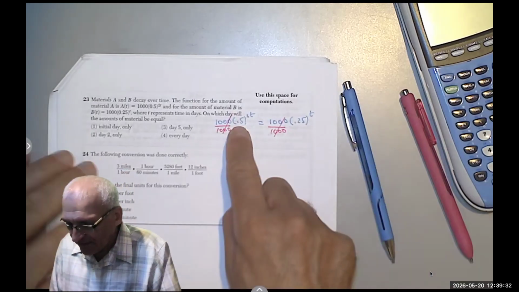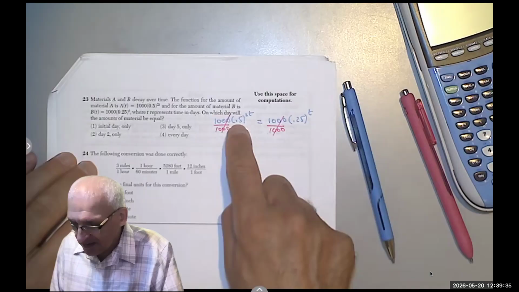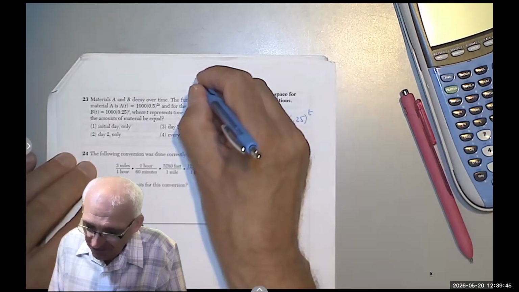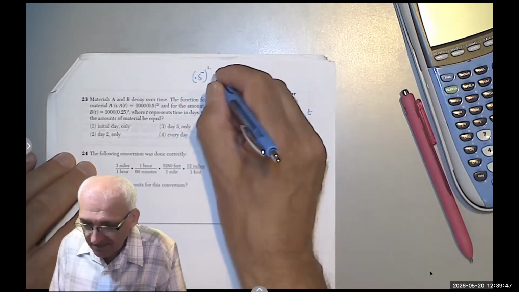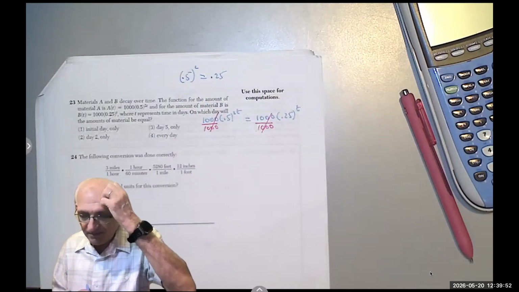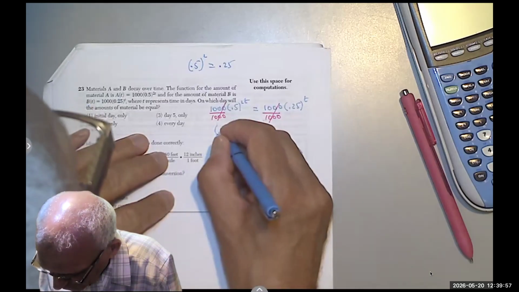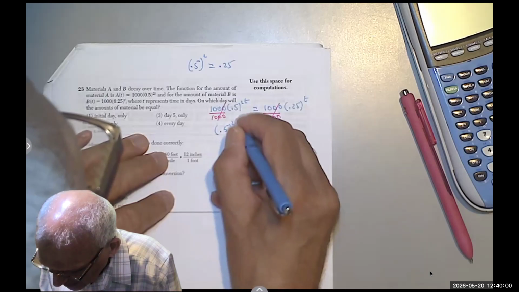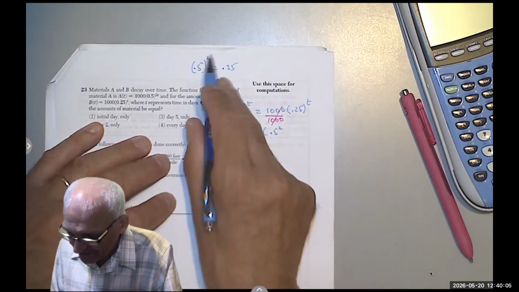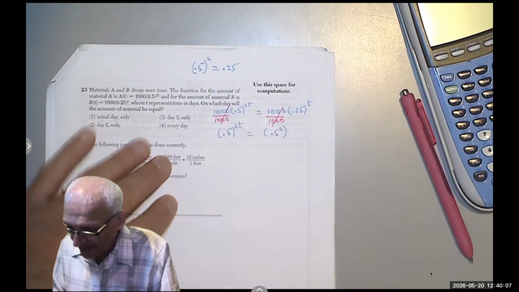And I have 0.5 and 0.25. Do you see something? 0.5 squared, 5 squared is 25, so it is 0.25. So I can write this as 0.5 to the 2t equals 0.5 squared to the t, because 0.5 squared is 0.25.